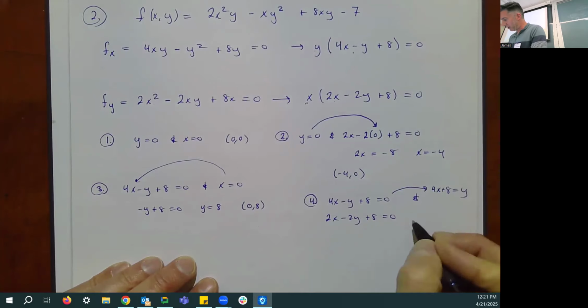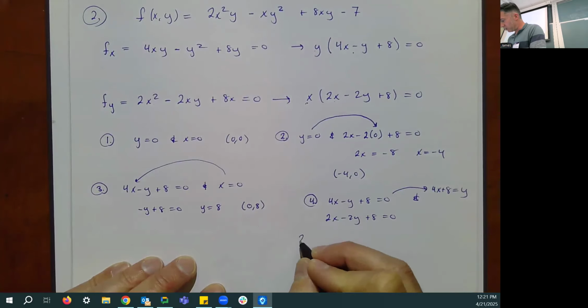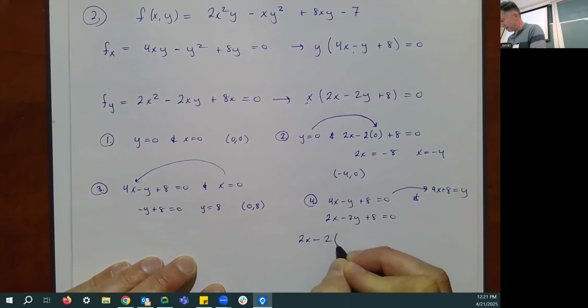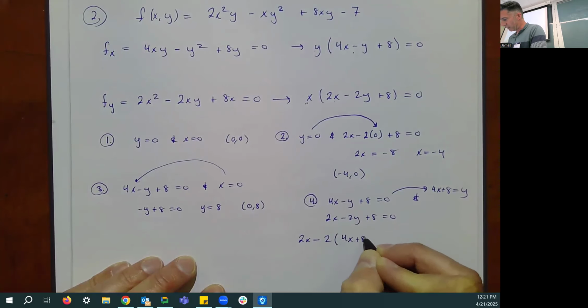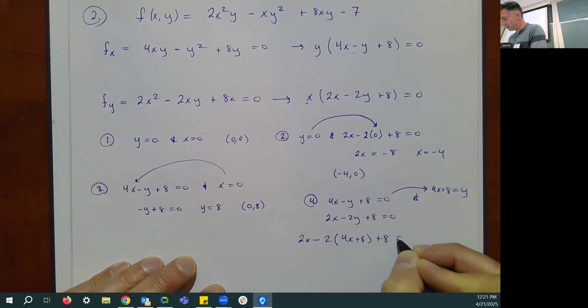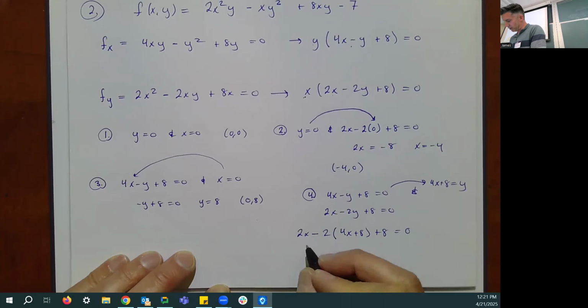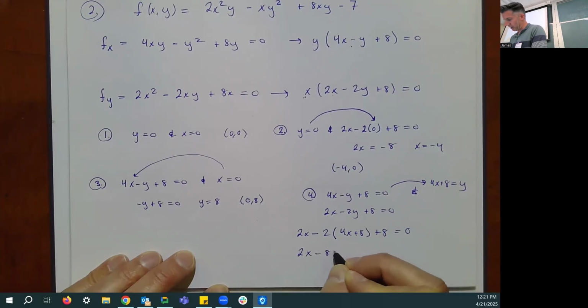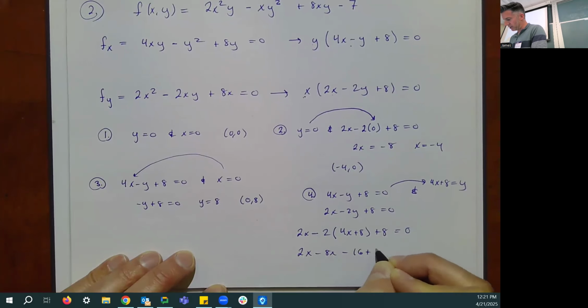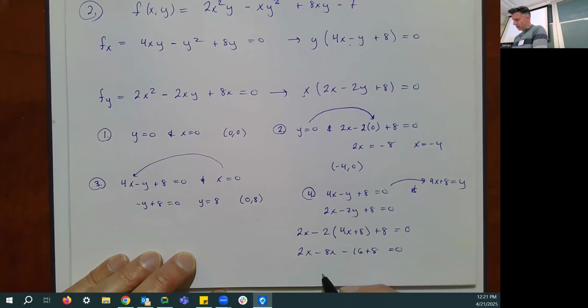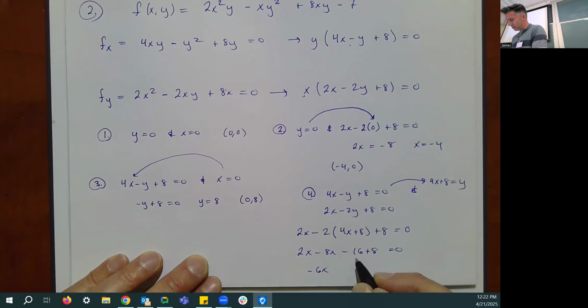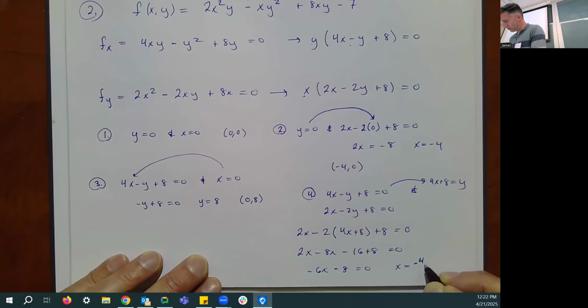Then I can plug that into the other y and say 2x minus 2 times (4x plus 8) plus 8 is equal to 0. Then we simplify. We get 2x minus 8x minus 16 plus 8 equals 0. So I get -6x minus 8 equals 0, or x equals 8 divided by -6, which is 4 divided by -3, or -4/3.